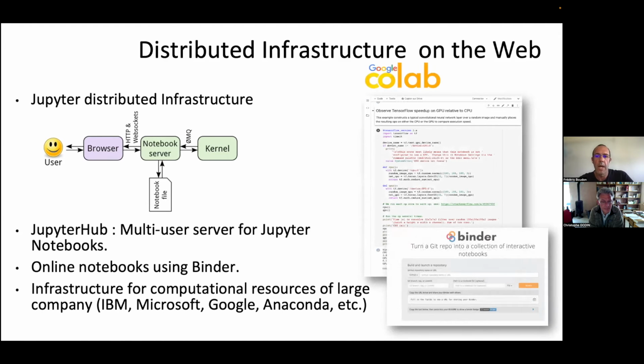And there are some online services such as Binder that allow to play any notebook using minimal configuration, just by specifying within text files what software modules are required. It also became the basis of some famous infrastructures for the access of computational resources of large companies such as IBM, Microsoft, and so on.